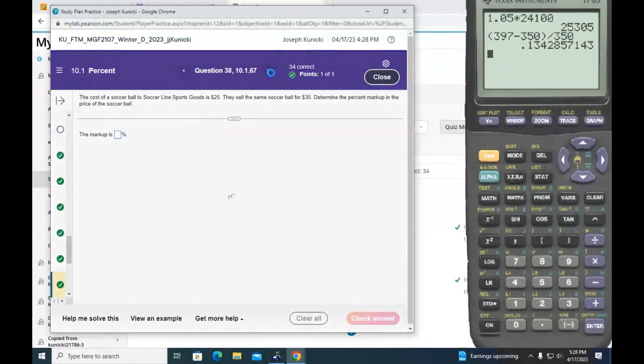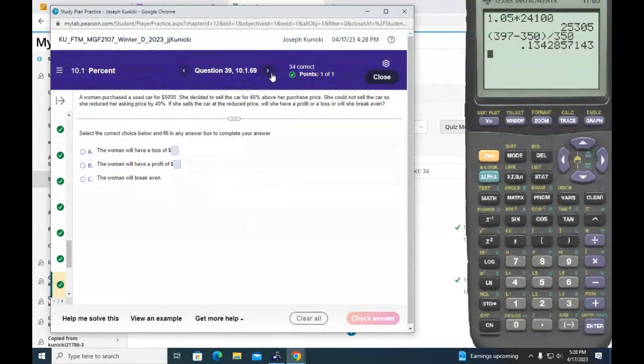69. A woman purchased a used car for $5,000. She decided to sell the car for 40% above the purchase price. She could not sell the car, so she then reduced her asking price by 40% of what she had increased it to.